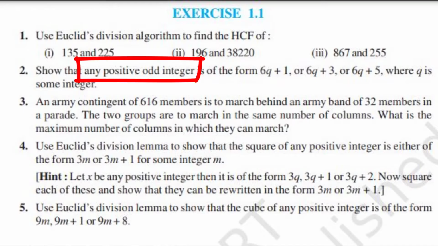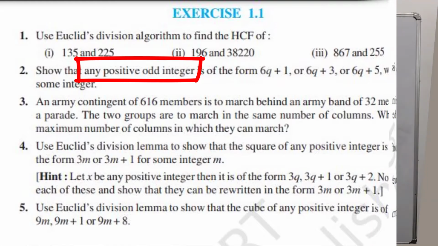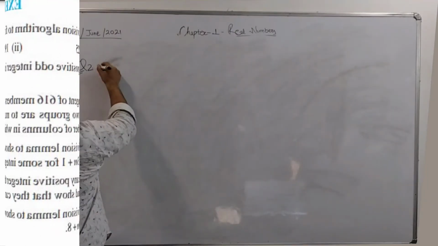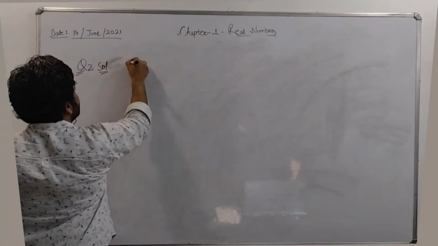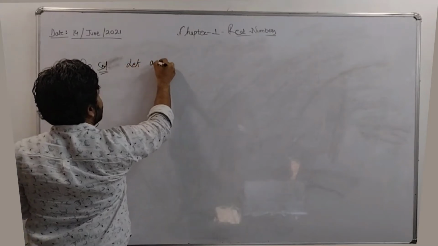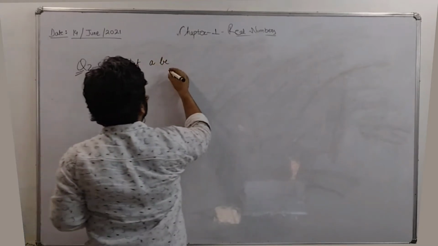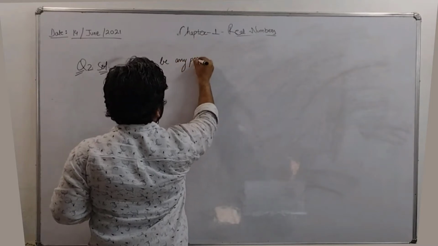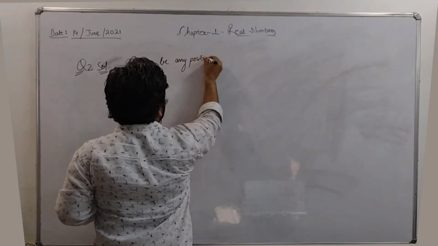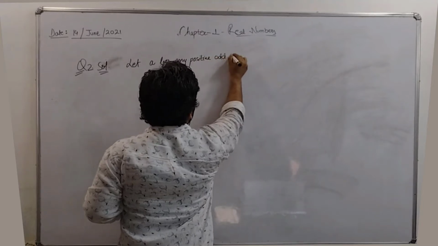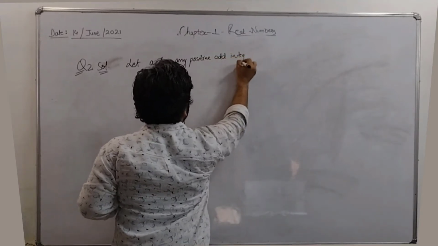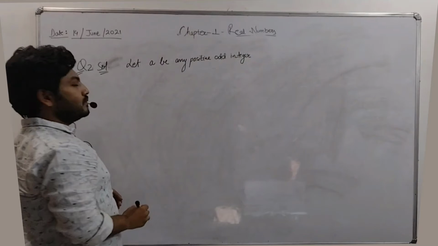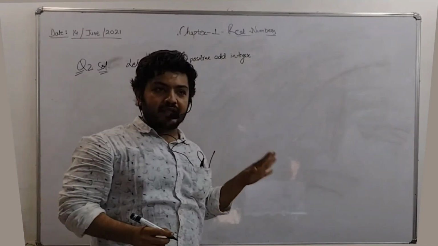So here we can say, I'll just write the solution. Let a be any positive odd integer. This a is our any positive odd integer.